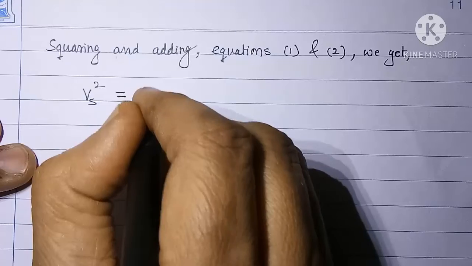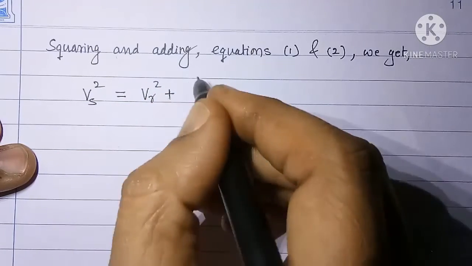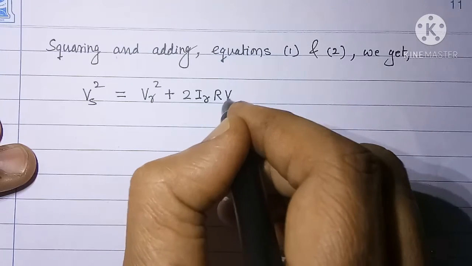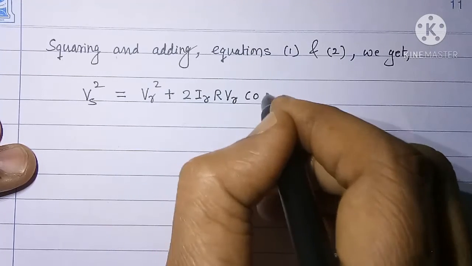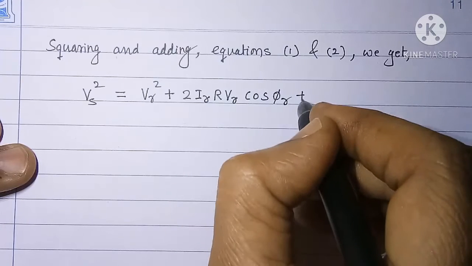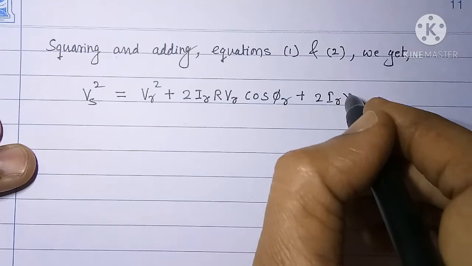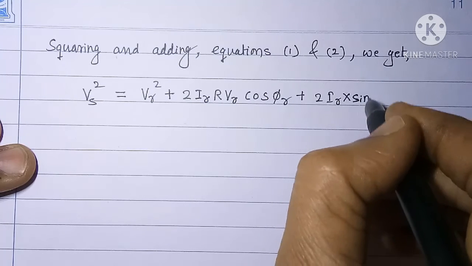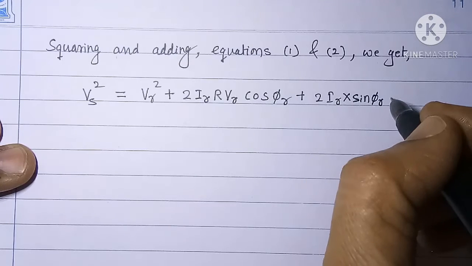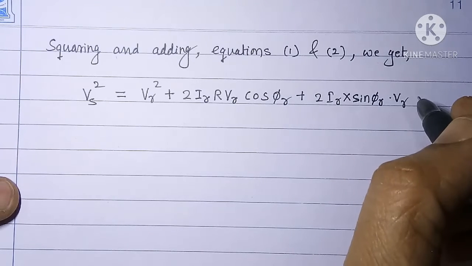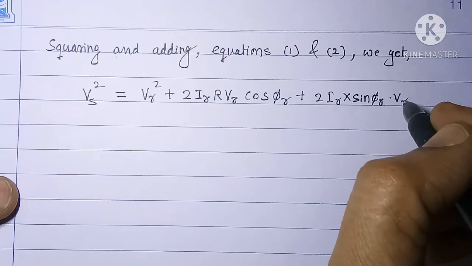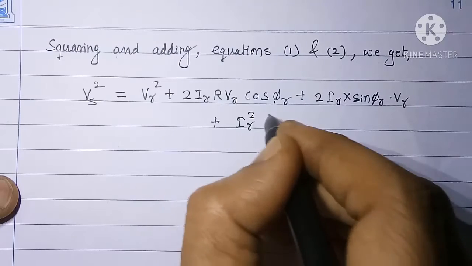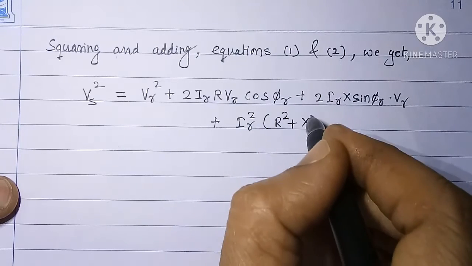Vs square is equal to VR square plus 2 IR into R into VR into cos phi r plus 2 IR into X into sin phi r into VR. I should have written this VR here only, plus IR square inside the bracket R square plus X square.